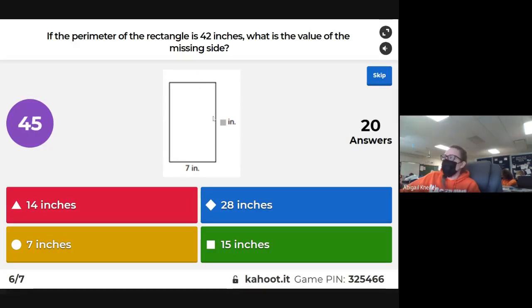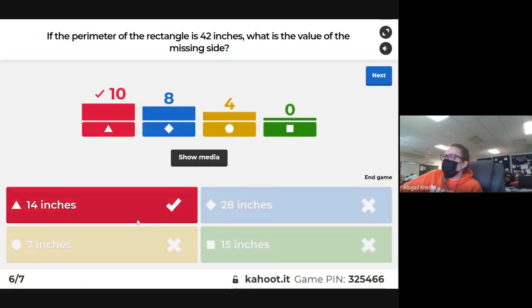We have 2 of the sides, but we need to know these 2 sides. So we need to subtract what we already know from the total. 42 minus 14 is a number. And then you need to divide that number by the 2 sides. The correct answer is 14 inches because 42 minus 14 is 28. 28 divided by 2 is 14.